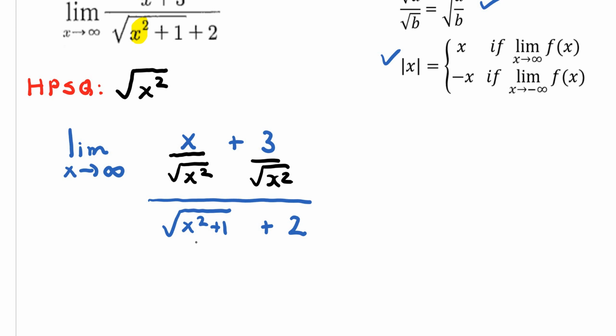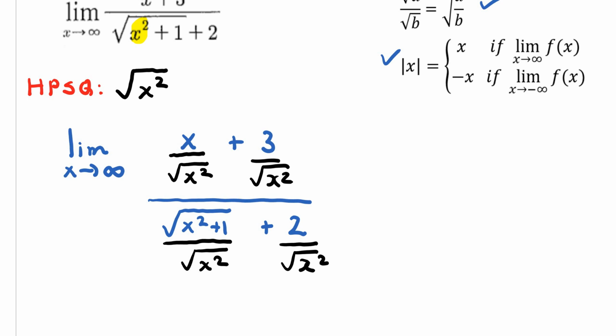I will also divide these terms by the square root of x squared. Although this looks algebraically different from the original problem, since I'm dividing every single term by the same thing, mathematically it's the same problem here.